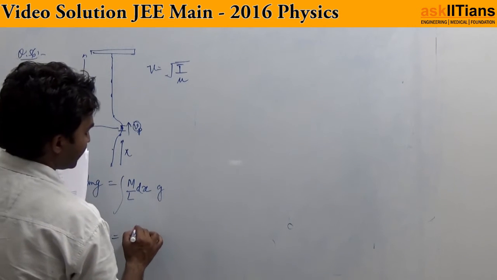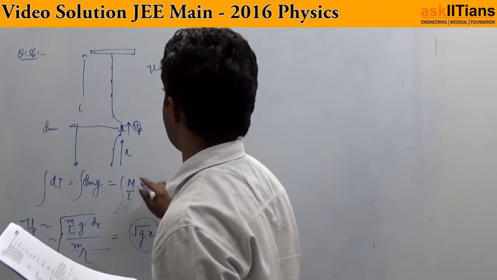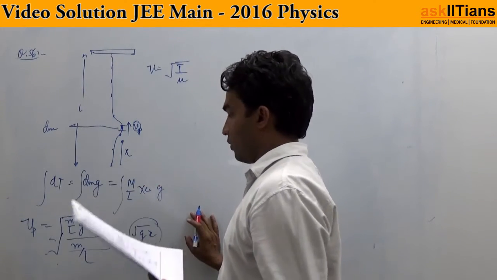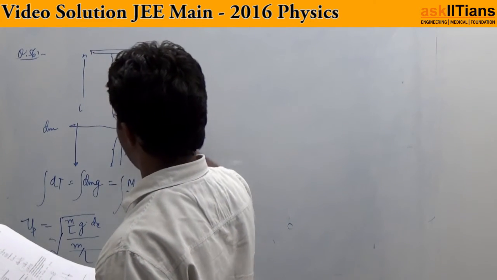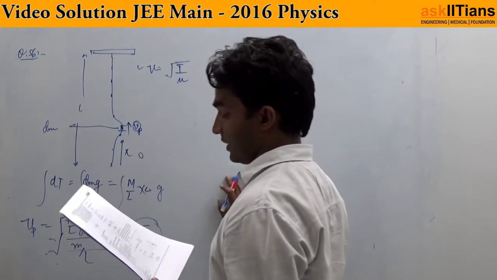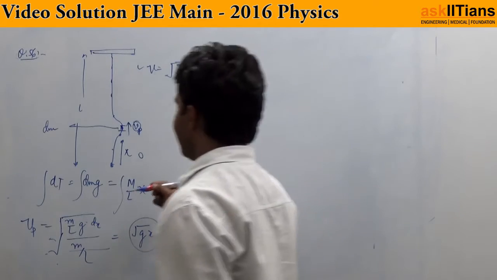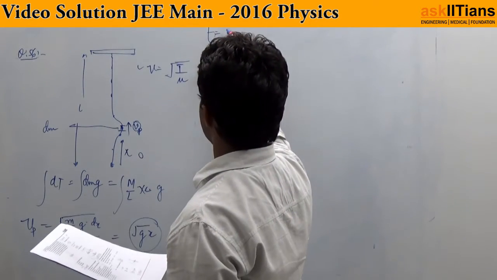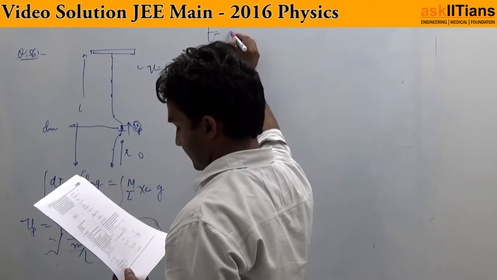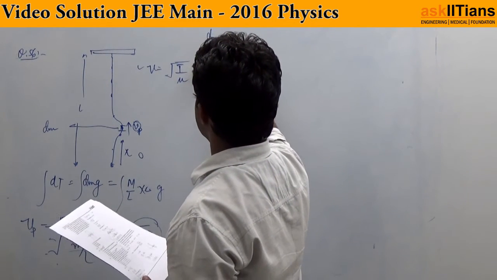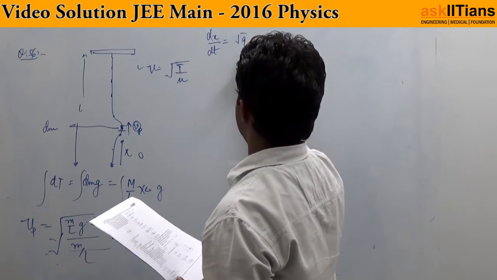Solving this, we get under root of g x, because we considered a small element. Now it is propagating vertically upward from length 0 to L. We want to find the time required to move from the lower point to the upper end. Time is distance upon speed, so we can write dx upon dt, which is the velocity, equal to under root of g x.